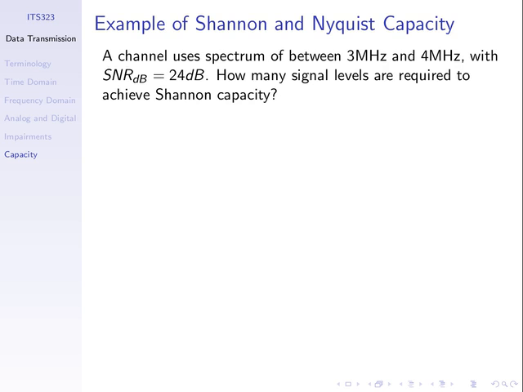First, we'll calculate the Shannon capacity. So, with our bandwidth of 1 megahertz, which is 1 by 10 to the power of 6, log base 2, 1 plus SNR. Okay.